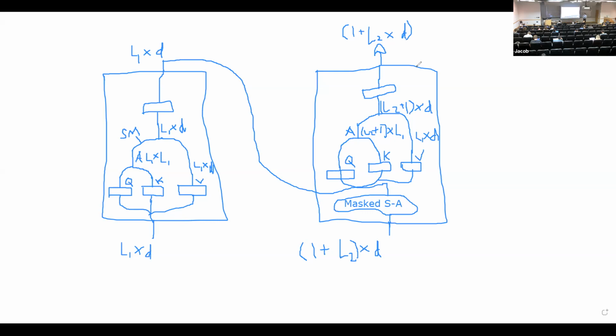Why do we have the skip connections? Number one, it helps the loss surface be a lot smoother and gives our gradients more direct access to our weights. That's just helpful for optimization.